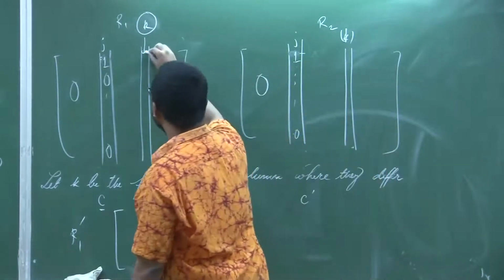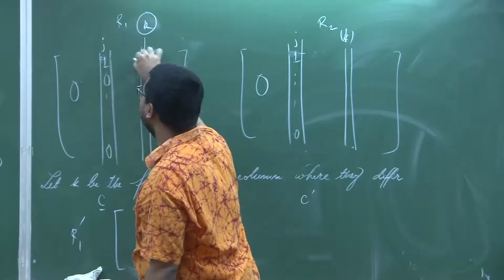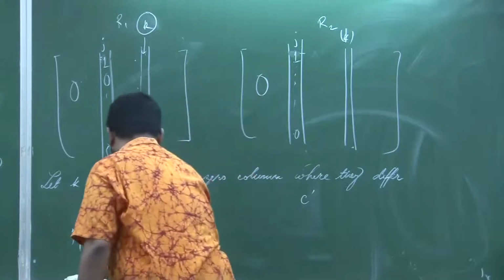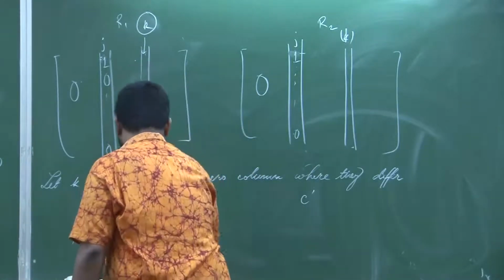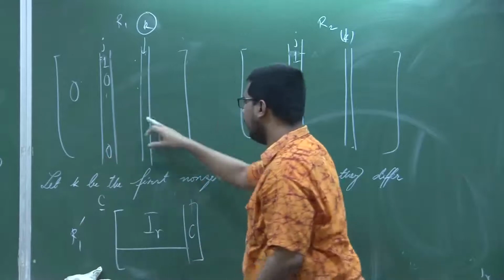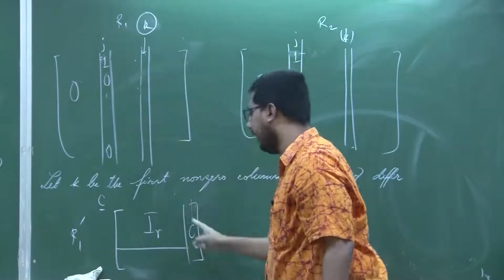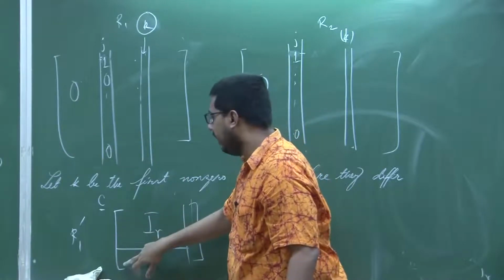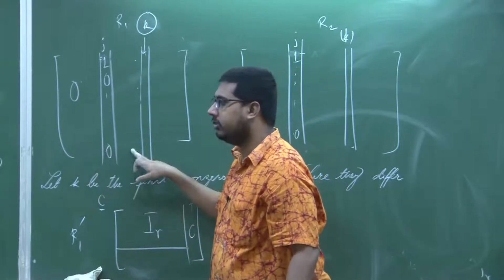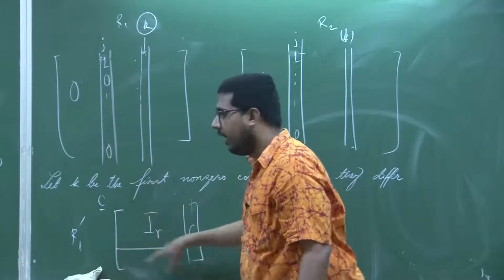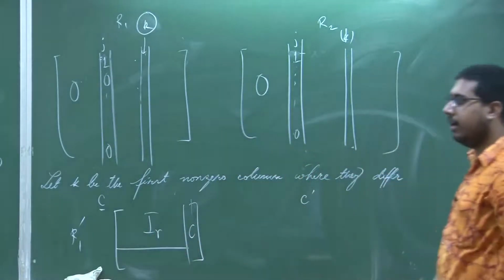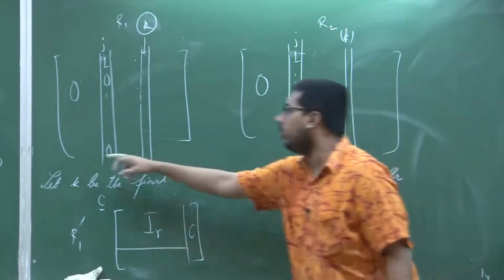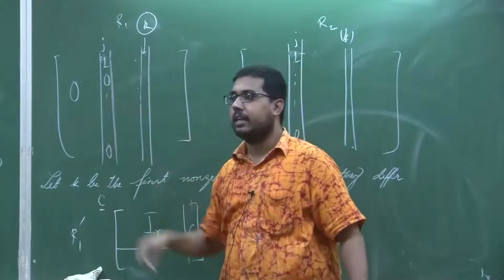So, we pick up the kth column and all the columns in R1 to the left of this containing pivots. So, the matrix will be like this. In this matrix the last column is the kth column of R1, and all the other columns are just the columns containing the pivots in R1, arranged in the order in which they appear in R1.